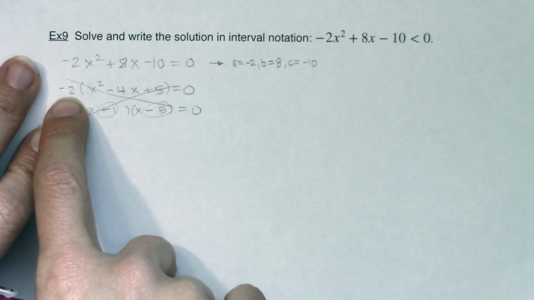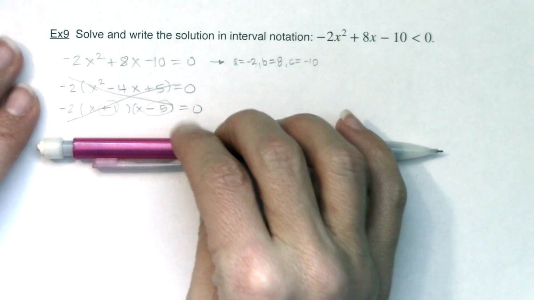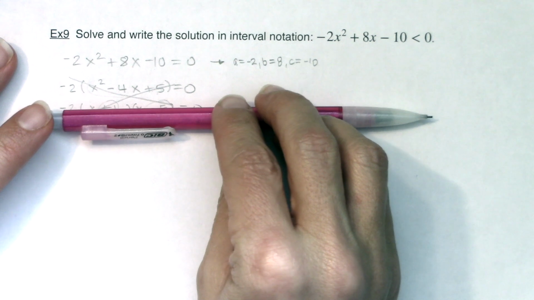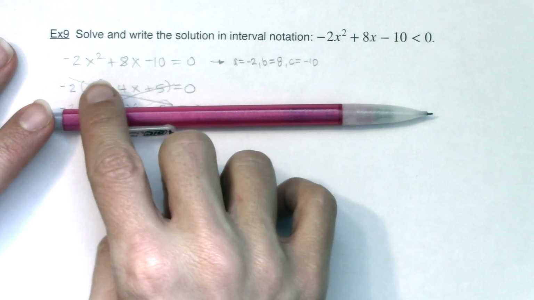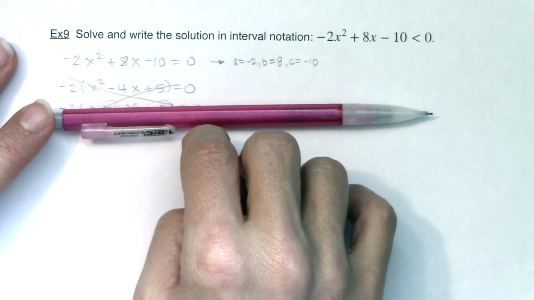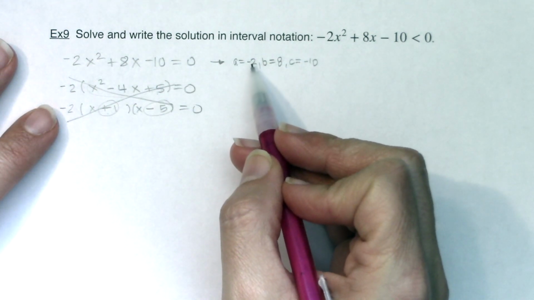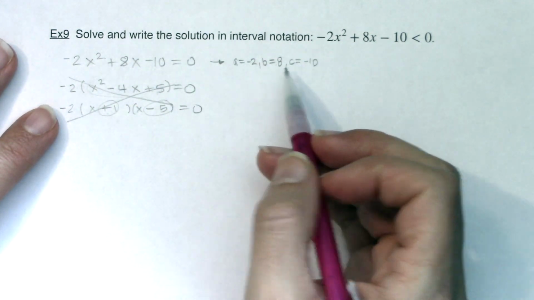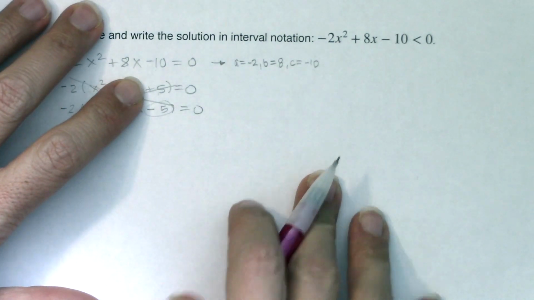If I divided both sides by -2, I would get x squared minus 4x plus 5 on the left, and 0 divided by -2 would still be 0. I could make this simpler on myself, but just for fun, I'll go with the original: -2, 8, and -10.